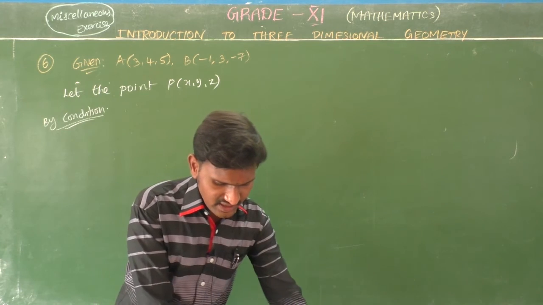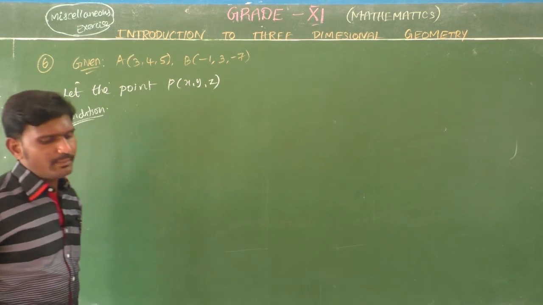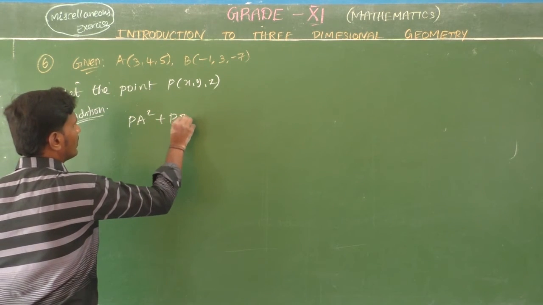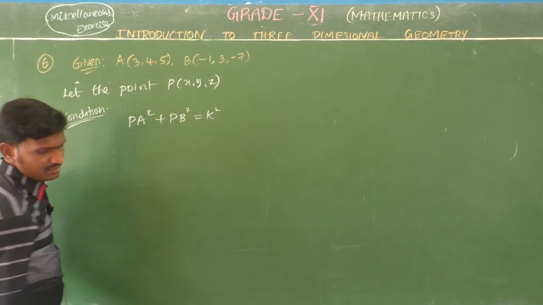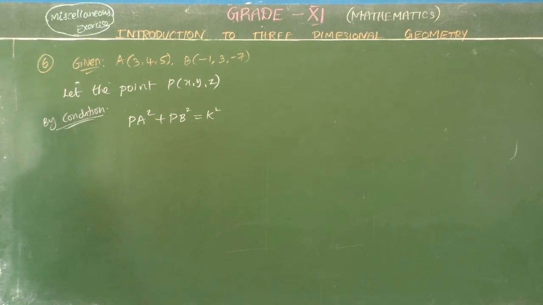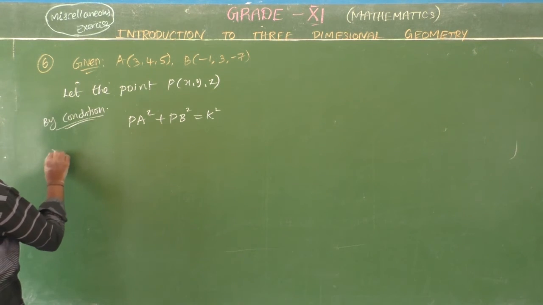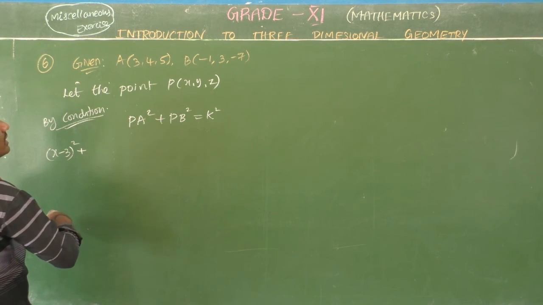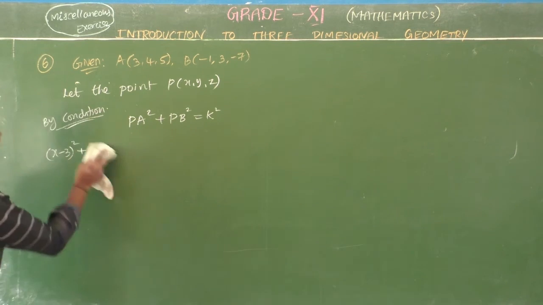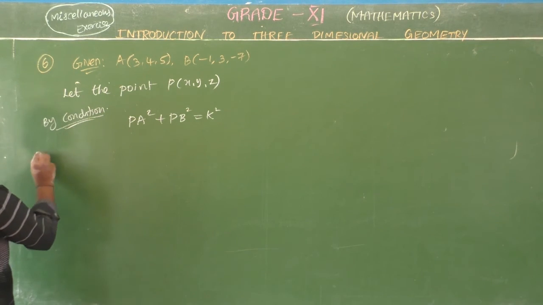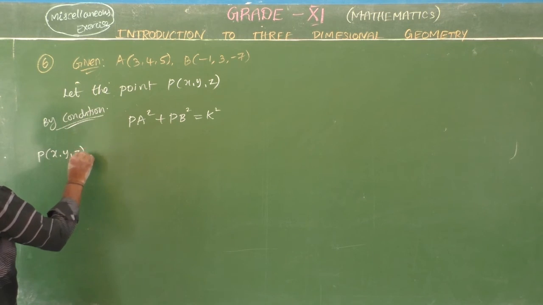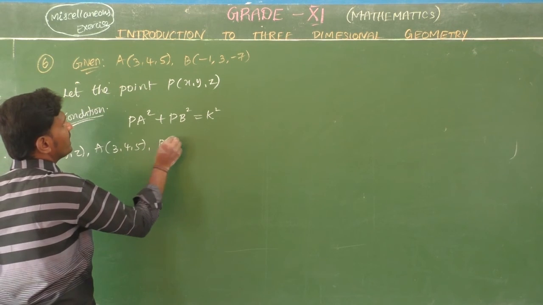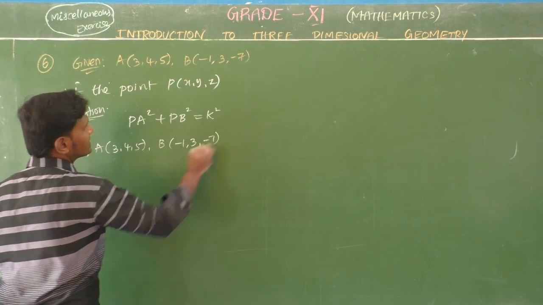The given condition is PA square plus PB square is equal to K square. First take P is x, y, z and A is 3, 4, 5, then B is -1, 3, -7. Again I am writing.